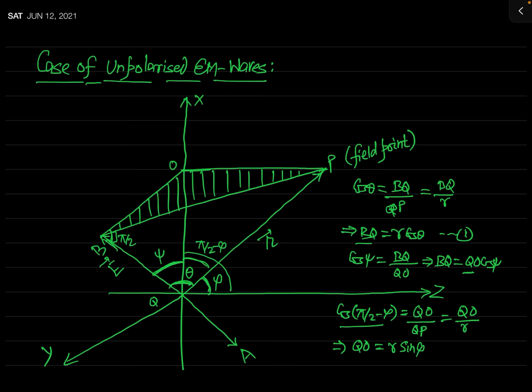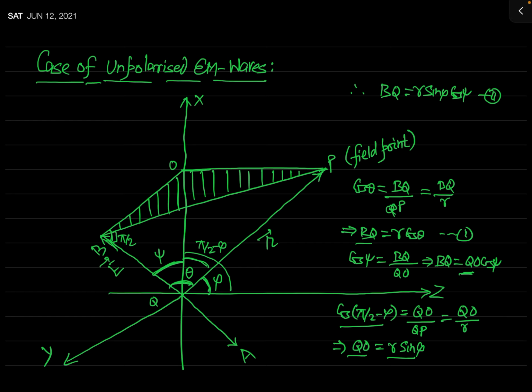So now let us put this value of QO, which is equal to R sin phi, in this equation for BQ. So I am writing it above, so you can see that BQ will be now equal to what? This will be QO cos psi, but QO is R sin phi, so this will be R sin phi times cos psi. Say this is equation 2.